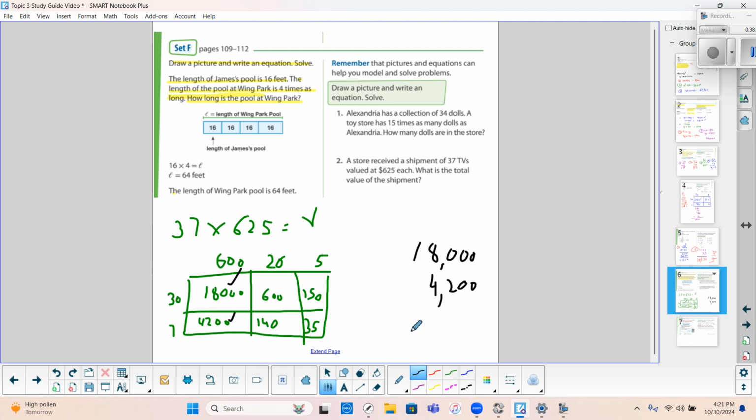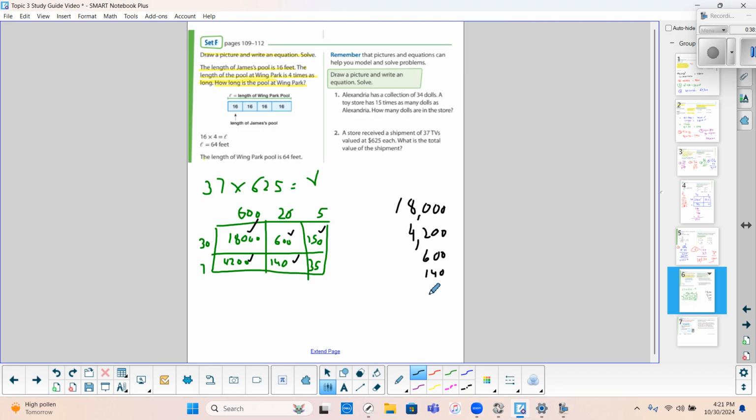Then in the hundreds, we have 600. Plus we have 140. Plus we have 150. And then finally we have 35.